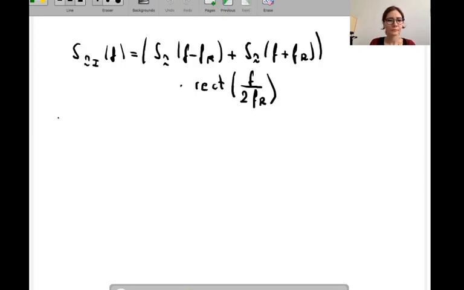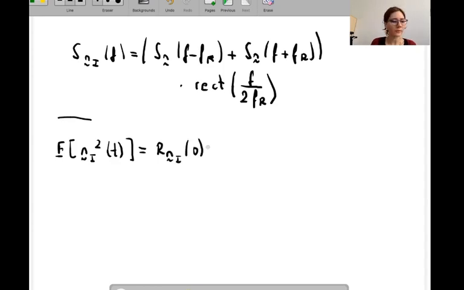So we would like to find the expected value of Ni squared of t. This is what the mean square value means. But then this means that we are looking at the autocorrelation function of Ni at tau equals 0. But then since this forms a Fourier transform pair with the spectrum, it means that we are integrating S_Ni of f between minus infinity and plus infinity.